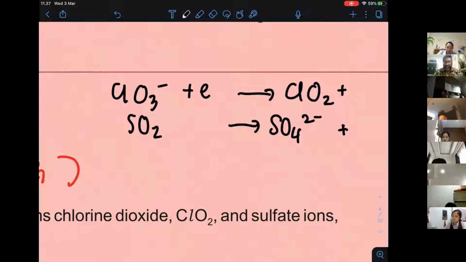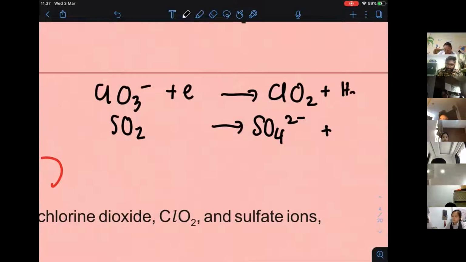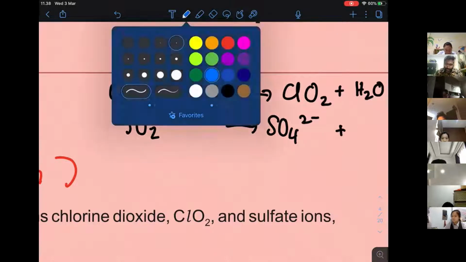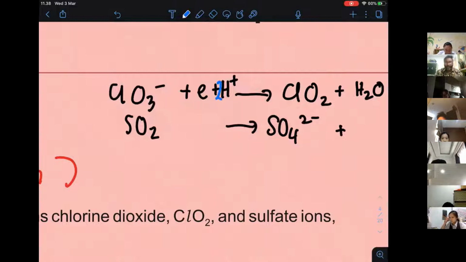So you include that oxygen in the form of water. And when you include that in the form of water, then you include H plus here. Then you try to balance this up, because you see H2. Everything is balanced except for hydrogen, so I will include 2 there.